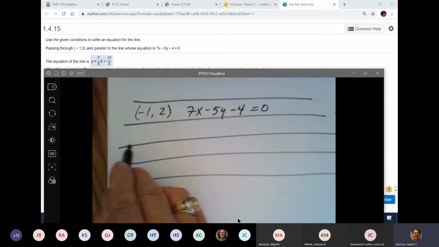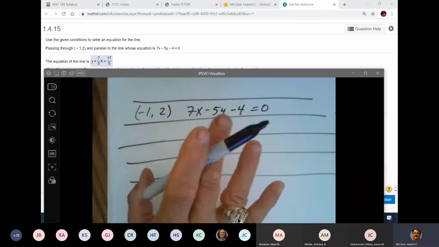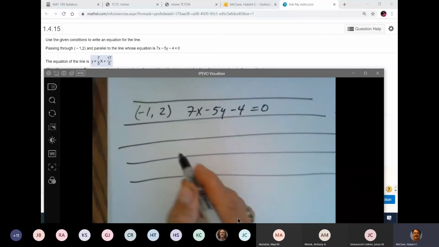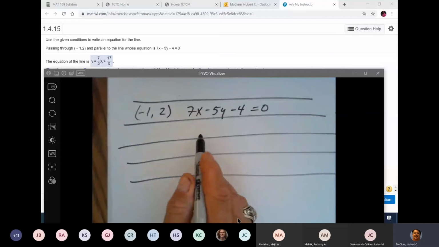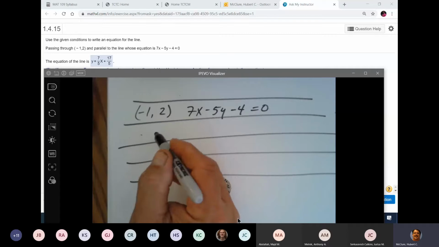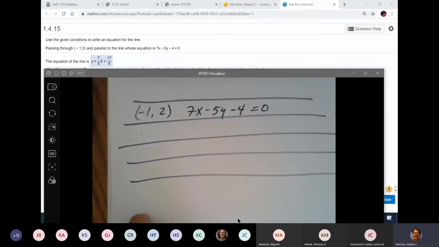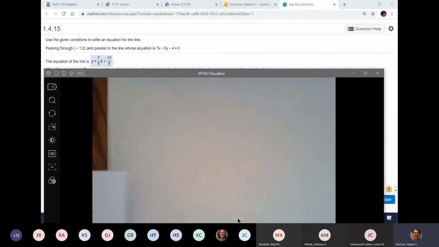Okay? Stuff like this cannot be done in your head, and it cannot be done in 3 lines. And it sure can't be done in the next line. Okay? And usually I'm talking to the guys, because the guys think they can do math in their head and on 1 line.